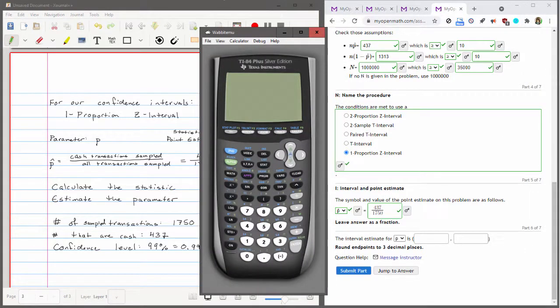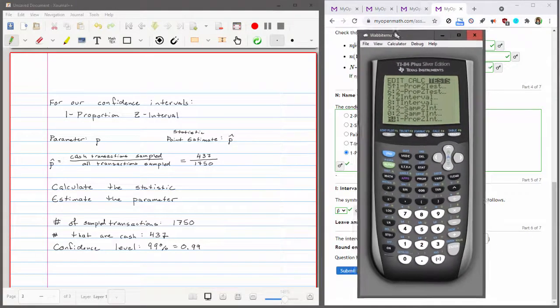The place we're going to find our tools for constructing confidence intervals is in the Stat menu. Use the right arrow to get into the Tests menu, and scroll down to select 1 proportion z interval. That's letter A in the menu.